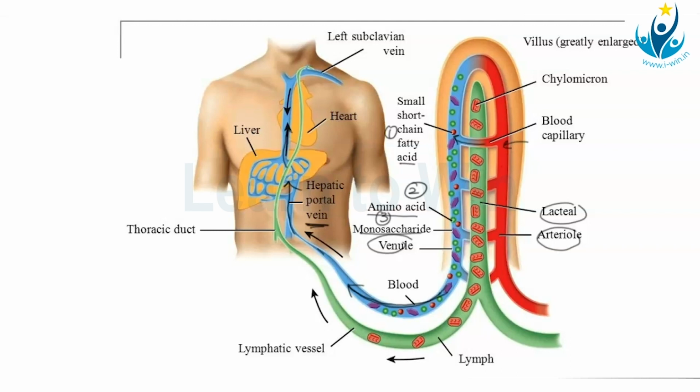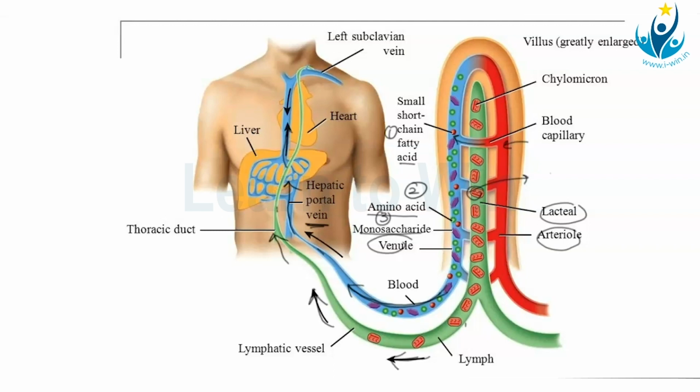But if you see, these are the chylomicrons, the long chain fatty acids, right? So these chylomicrons have entered into the lacteal. From the lacteal, they are entering into the lymphatic vessel. From the lymphatic vessel, they will enter into an area called the thoracic duct. Through this thoracic duct, they will enter into blood and peripheral tissues for circulation.